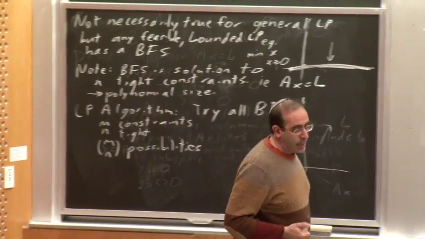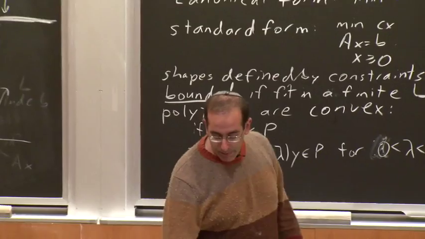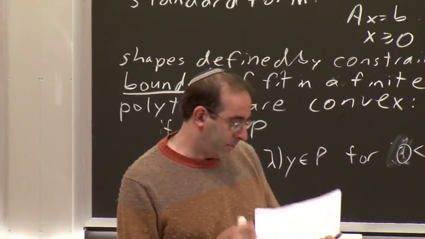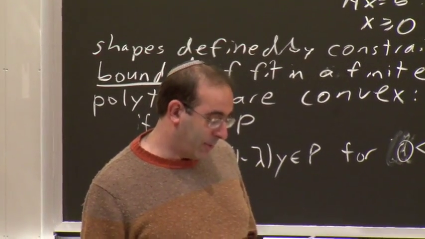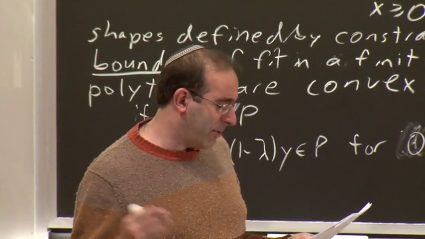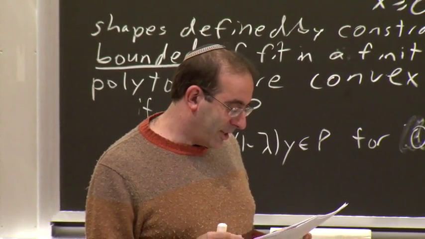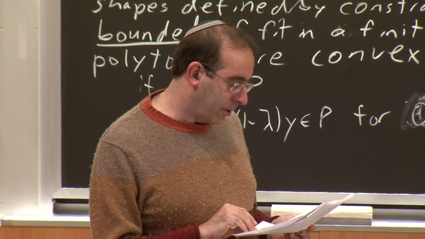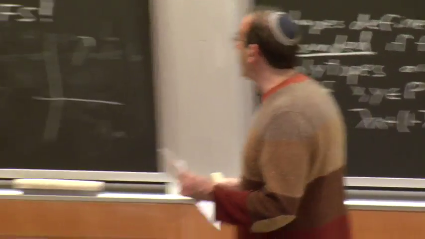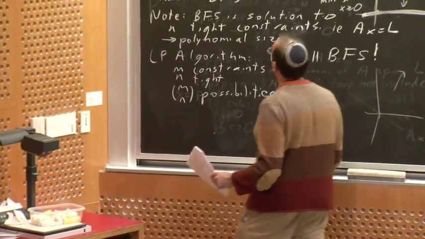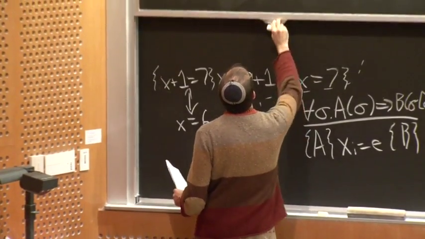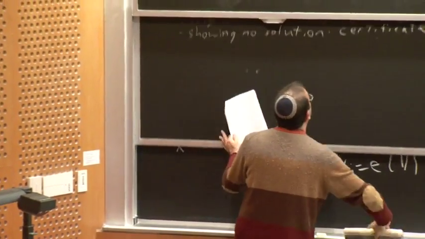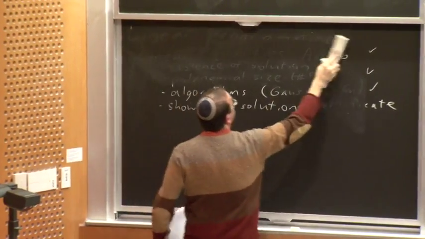What I want to focus on now, I have half an hour. Well, I could figure out how to prove that standard form LPs are bounded, but yeah, let's quickly look at these other two characterizations of corners. This will be useful later.